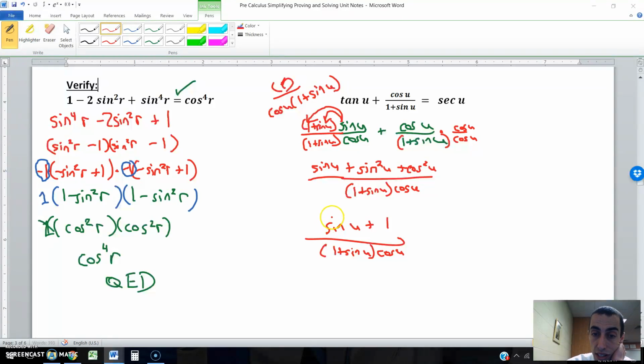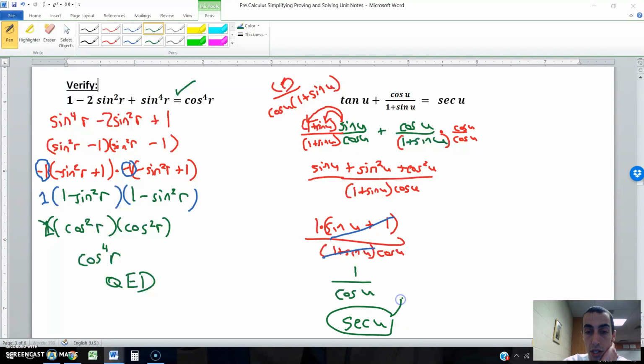Because I saw that this sine of u plus 1 is the same thing as 1 plus the sine of u. So once we've got it factored, we can cancel them out, and we'll have 1 over the cosine of u. Reciprocal identity says that that equals the secant of u, which is exactly what we wanted to show. And therefore, we have demonstrated that identity.